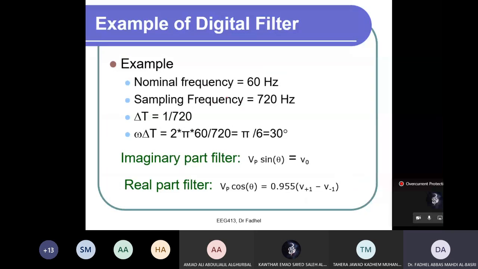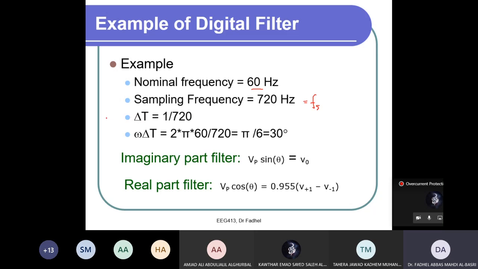Now let's take an example to illustrate this. Suppose I have a frequency of 60 Hertz, and this signal is sampled at 720 Hertz. This is Fs. So delta T is 1 over Fs, the sampling time.